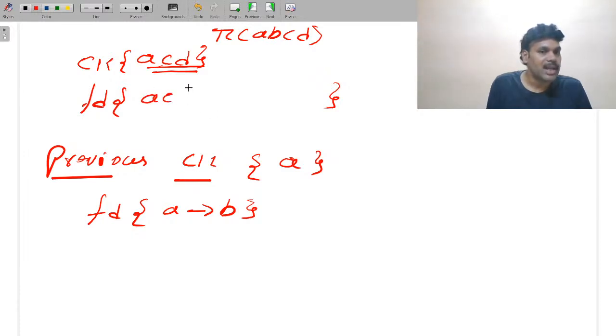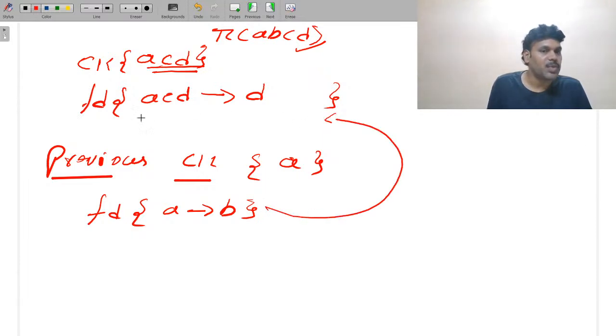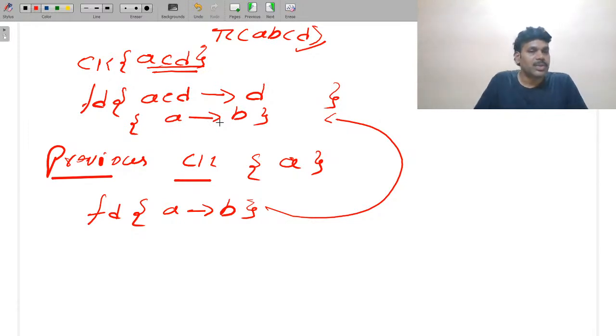Now your candidate key ACD implies your other attribute, like B. And one more functional dependency we want to bring from before, that is A implies B. So this is how you can identify the candidate key whenever you have multiple multi-value attributes, so that you can understand that your new candidate key is deriving your multi-valued attributes also, because they are converted into single valued attributes.